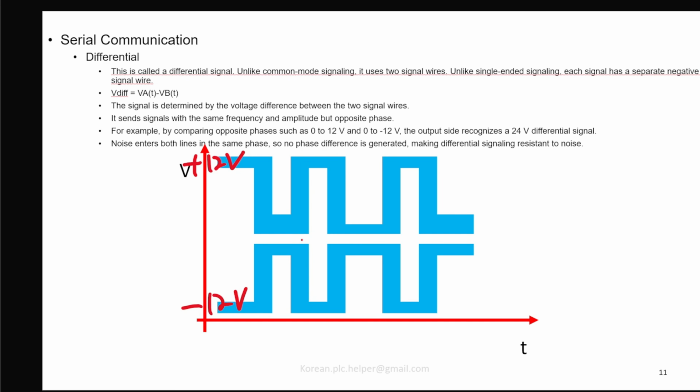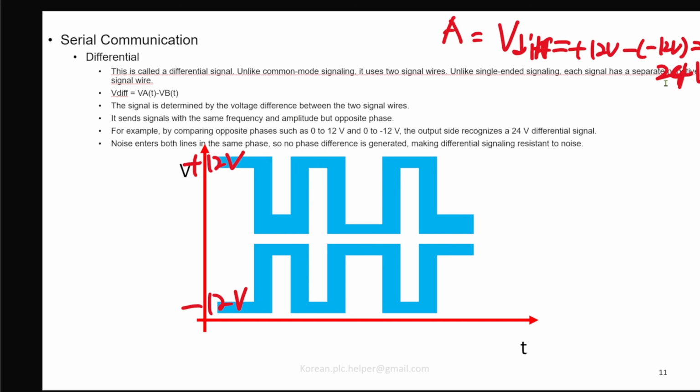Therefore, the differential voltage is calculated as follows. V differential equals positive 12 volts minus negative 12 volts, which equals 24 volts.